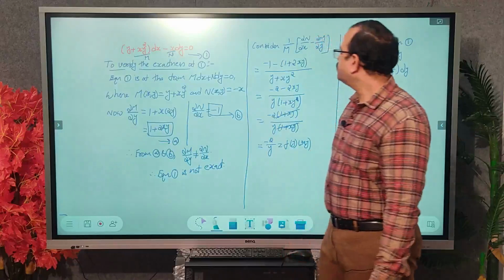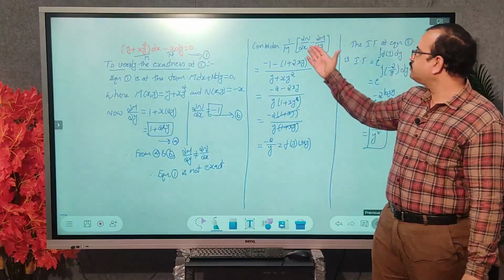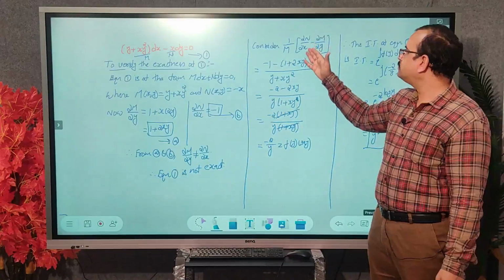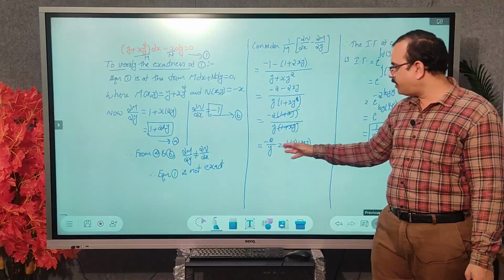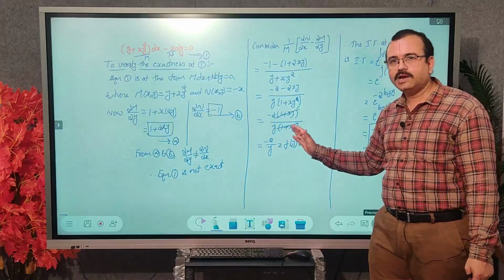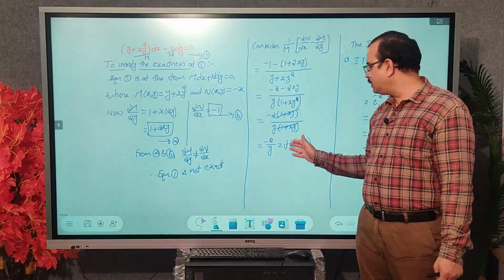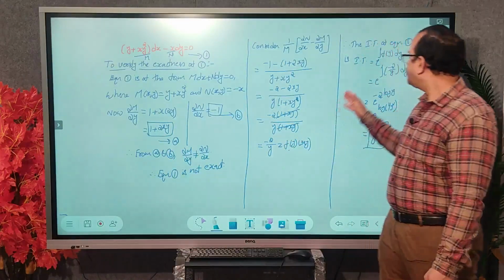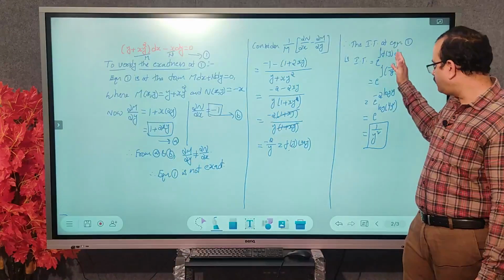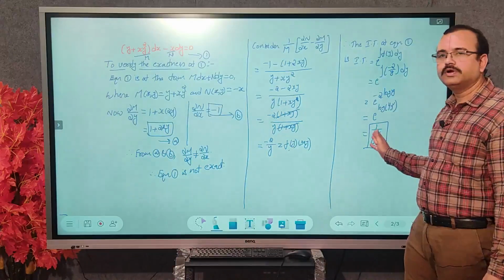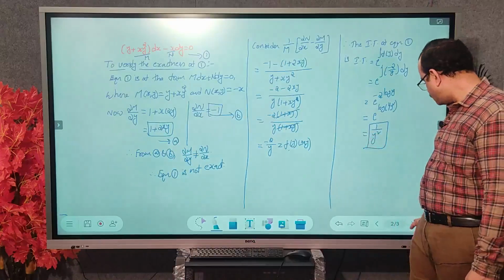So therefore we will try to identify this function. So 1 by m into dou n by dou x minus dou m by dou y, and here we got it as a function of y alone. Then undoubtedly, as per the theory, this integrating factor is given as e power integral f of y dy, and by simplifying here we got it as 1 by y square.